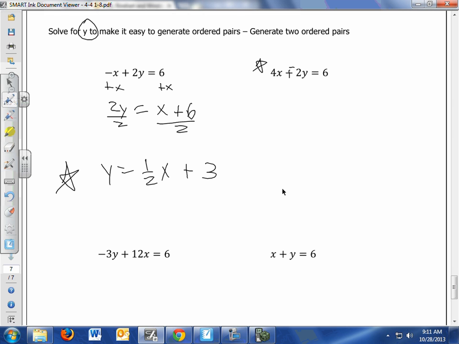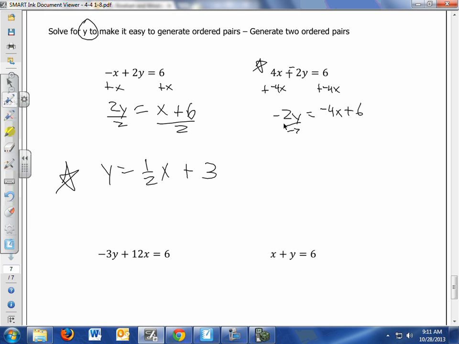Don't subtract negatives. Add positives. Add -4x to start. I want you to write -2y is equal to -4x plus 6. Get your x in front. Okay, this is why we're adding. We can do this if we're adding the opposite.